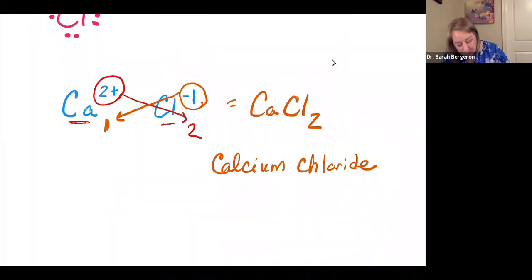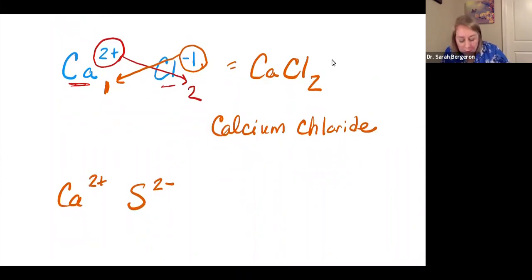So let's try that, and let's see what happens with our crossover. The charge on the calcium becomes the subscript for the sulfur. The charge on the sulfur becomes the subscript for the calcium.